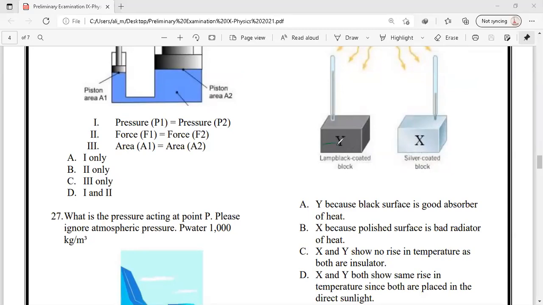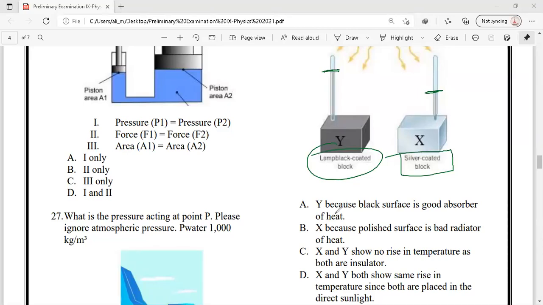So as we can see that this is our lamp black block, while this is our silver coated block. Same amount of heat दोनों ऑब्जेक्ट्स को मिल रही है, and as we can see in the diagram, the level of the mercury in the thermometer is higher as compared to block X. So the reason is because black surfaces are the good absorber and good emitter of radiation.